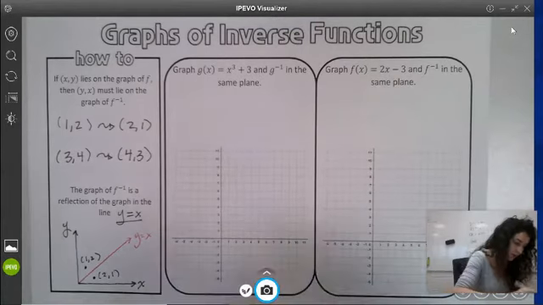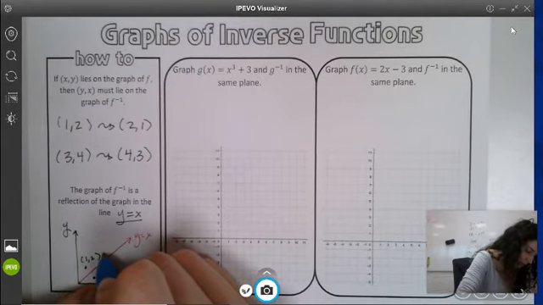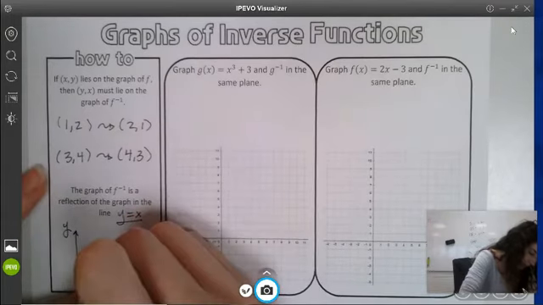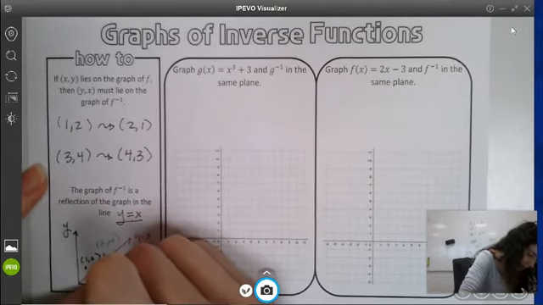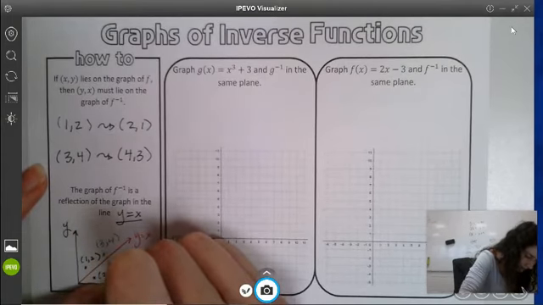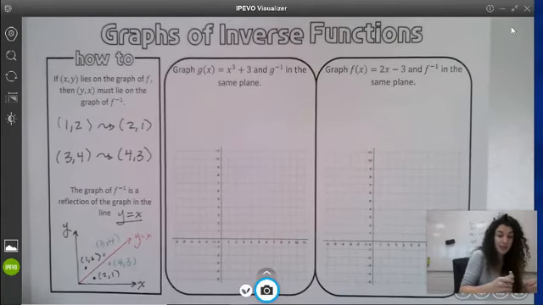I could also do that with (3, 4). This is very much a guesstimate kind of thing, but you're getting the general idea. (3, 4) and (4, 3) are also reflected across that line.